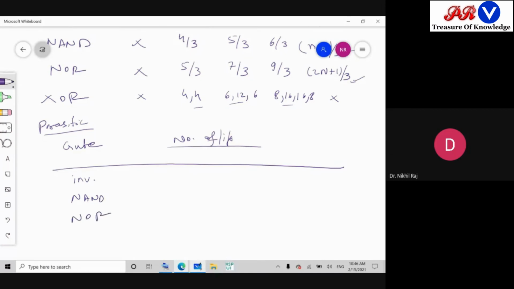So 1, 2, 3, 4, let's say n inputs. For the inverter, what is the parasitic delay? 1. The other cases are not possible. For 2 inputs, the parasitic delay is 2. For 3, it was 3. Similarly for 4, it will be 4. So for n, it is n. And NOR also follows the same relation.